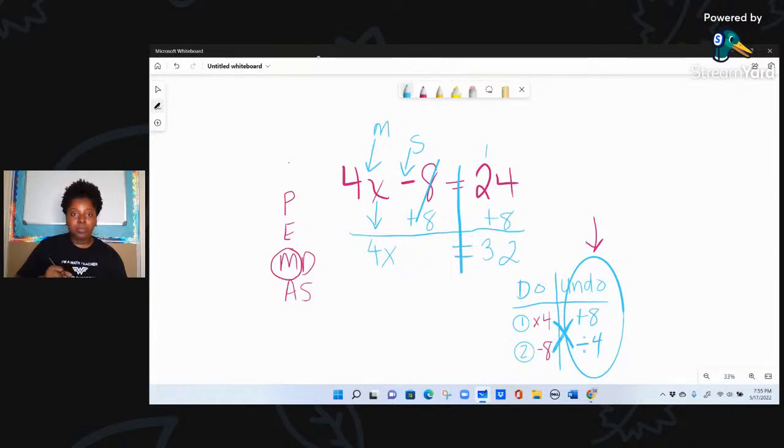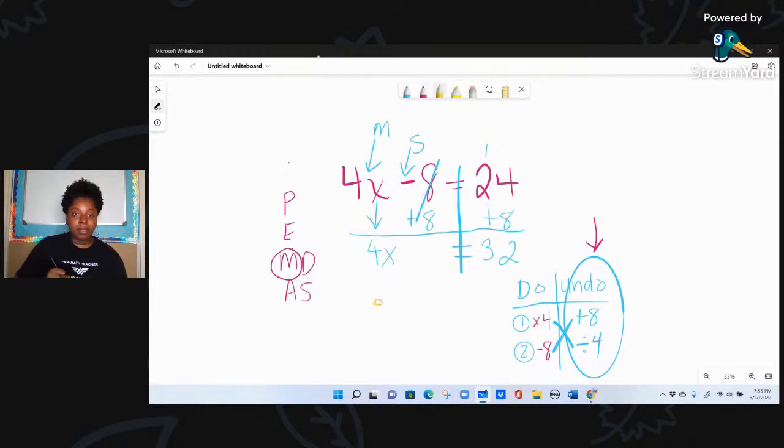The question was 4x minus 8 equals 24. So all we do is add 8. When we do plus 8, we put it right underneath the minus 8. Minus 8 and plus 8, opposites cancel each other out.